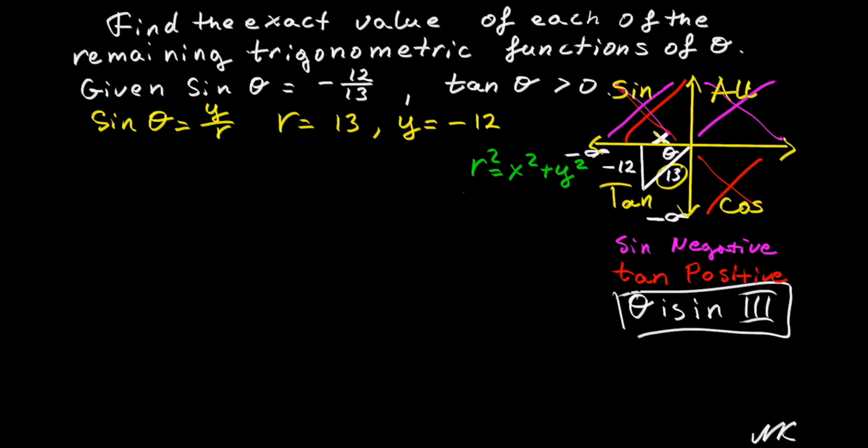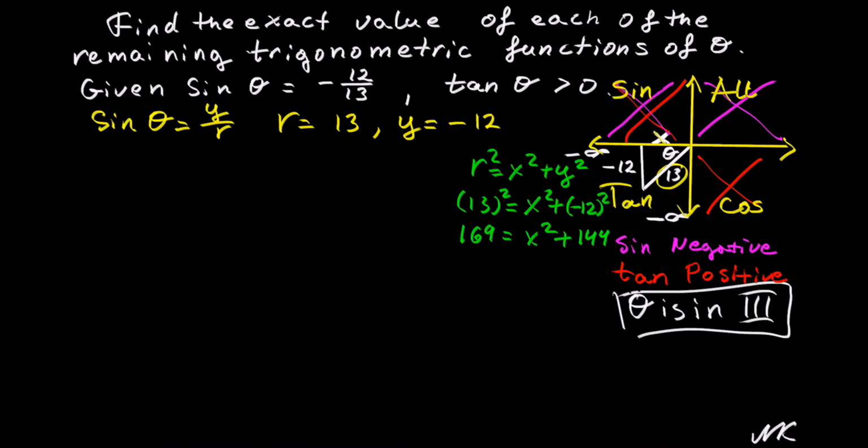So we know that r is equal to 13, so 13 squared equals, we don't know what x is, so x squared plus y, which is negative 12, so plus negative 12 to the second power. 13 squared is 169 equals x squared. Negative times negative, we get a positive. 12 squared is 144.